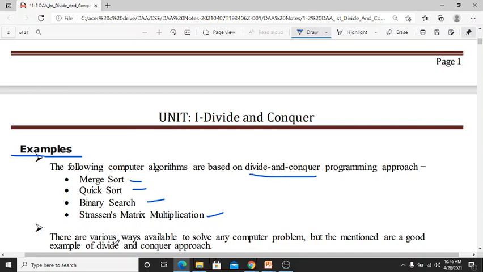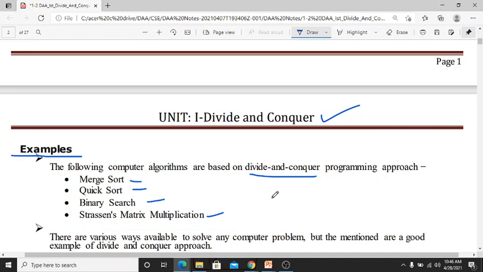There are various ways to solve any computer problem, but these are good examples of this approach. It is not compulsory to use divide and conquer only, but if you do, you will get the best result. Other methods exist, but they take a lot of time, need more space, and are not suitable.